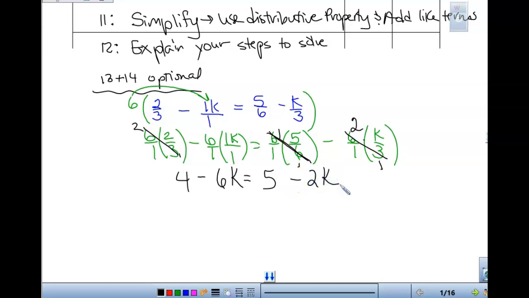Noah, I need to get all my variables on one side. So what do you want to do now to get all the variables on one side? Not yet, because my variables have to all be on one side of the equal sign. And I have 4 minus 6k equals 5 minus 2k. How do I get all the k's on either the left side or the right side?